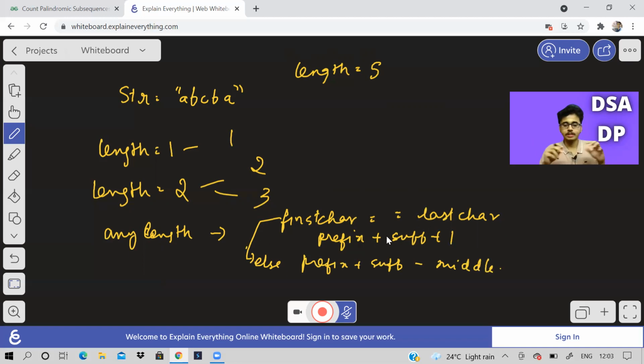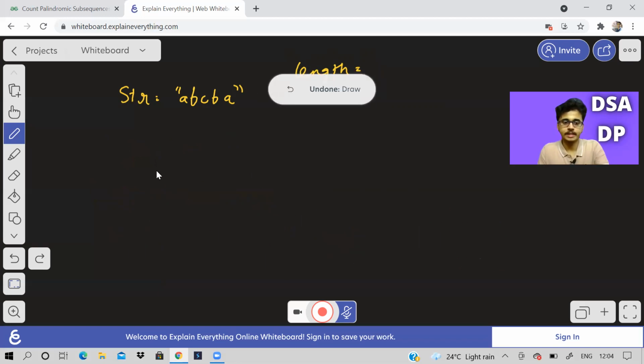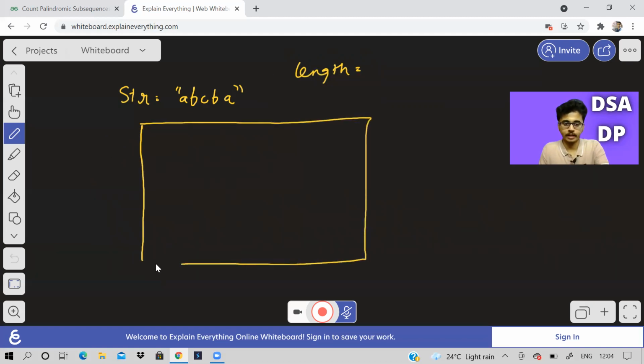So with the help of this logic, we can get the problem to become smaller and smaller and get the answer for that. So let me now dry run this algorithm for this example, and I will show you in the DP matrix.